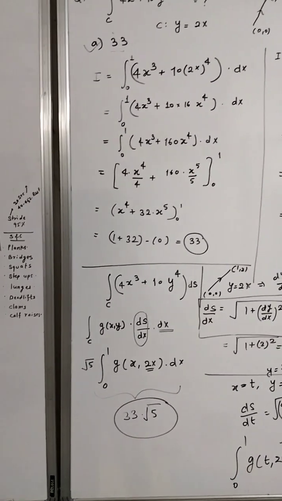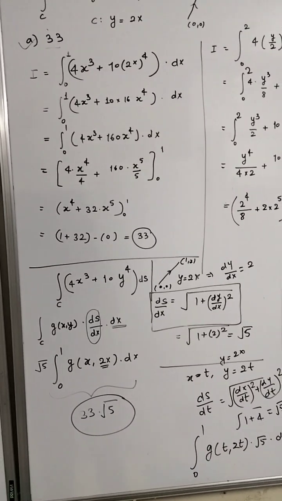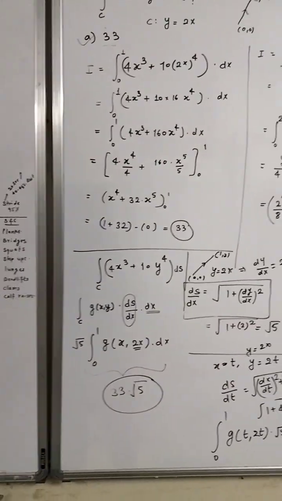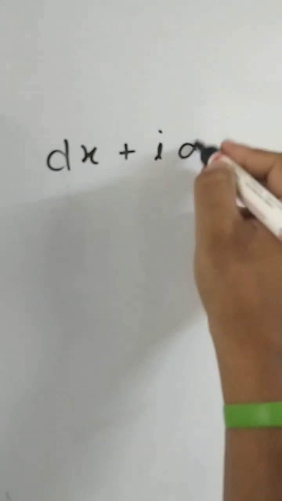But again, the point to be remembered is there we never put only the dx or only the dy. There comes dx plus iota dy. What is that? I should not discuss this here, but just briefly, there comes dx into dy.